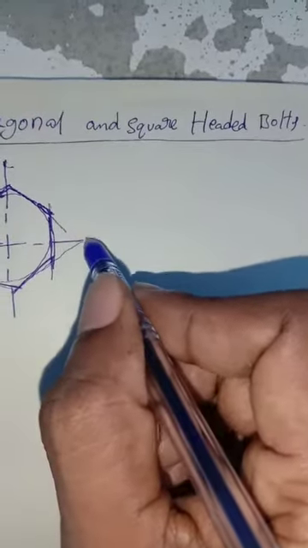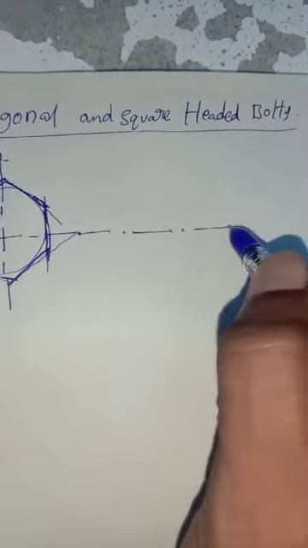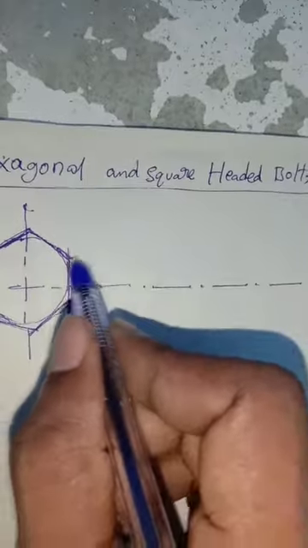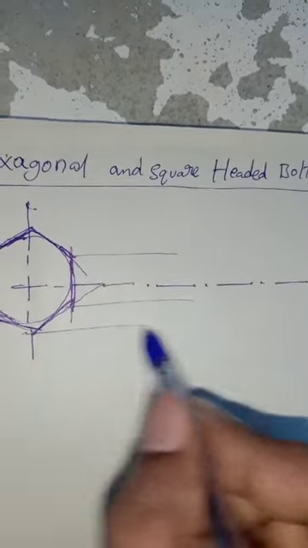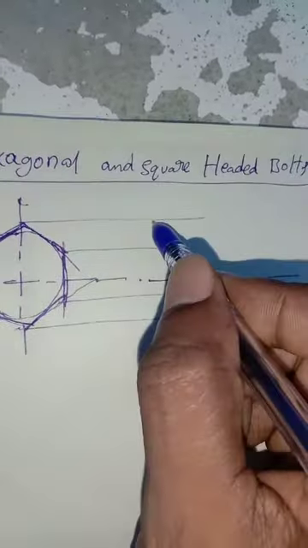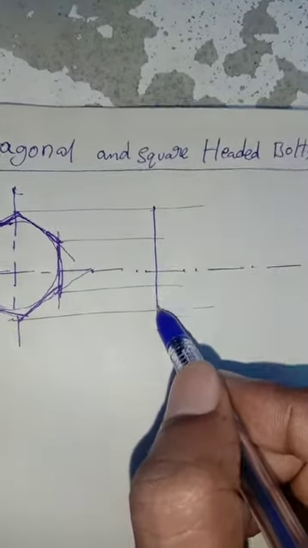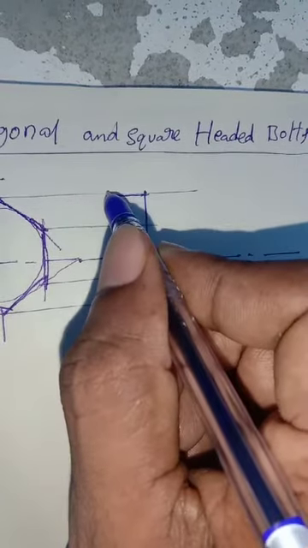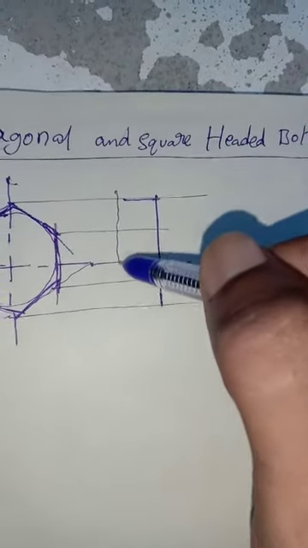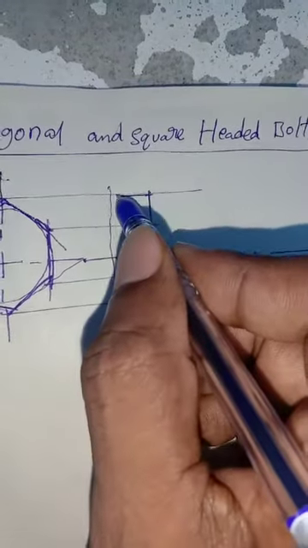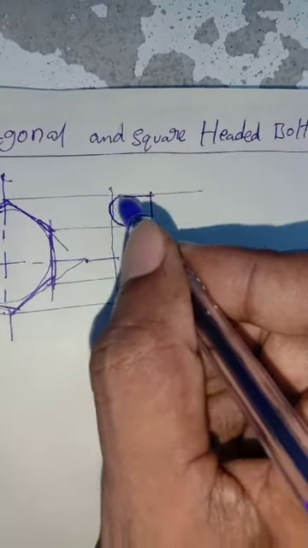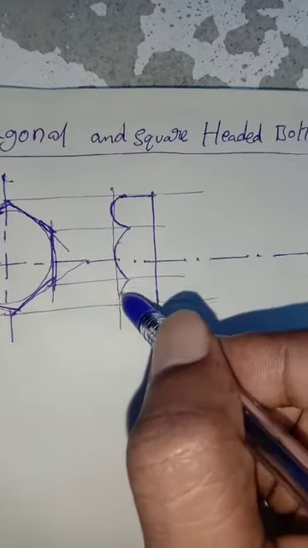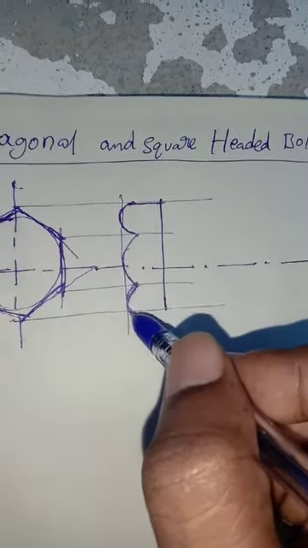Like this, and then here the projections. We are going to draw projection lines. We will draw this. See here, we are going to draw the projection. The circle of arc we don't extend.